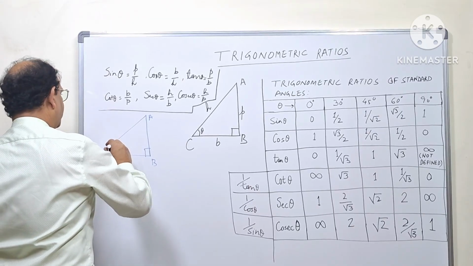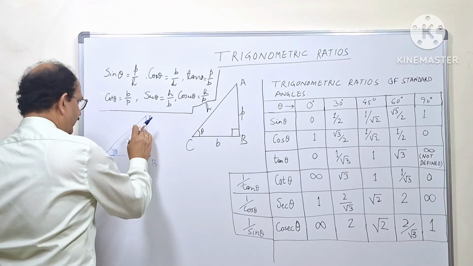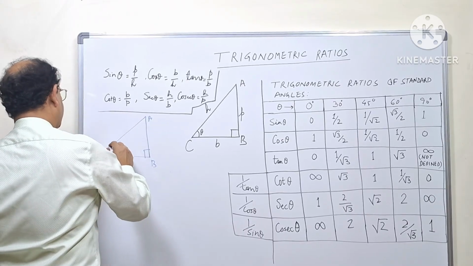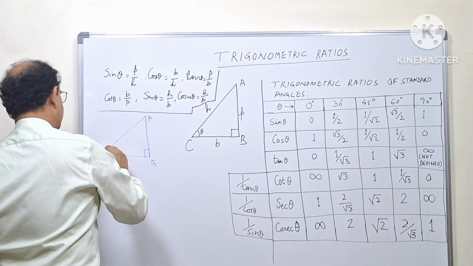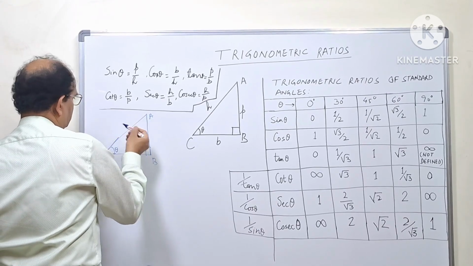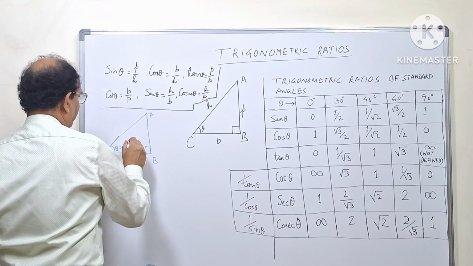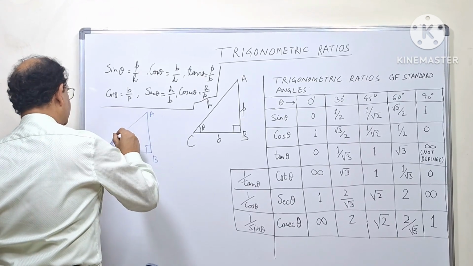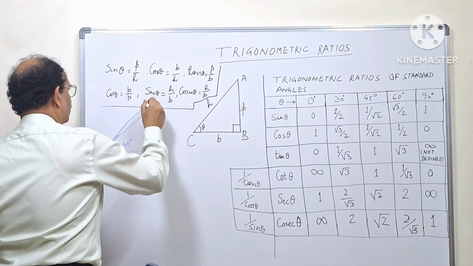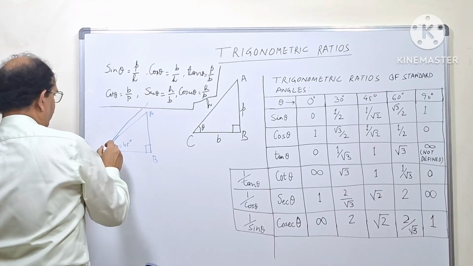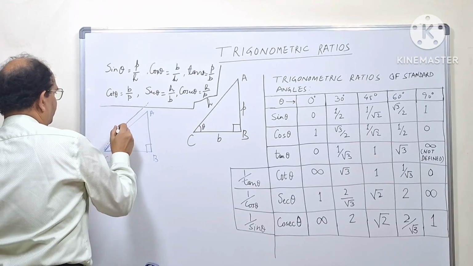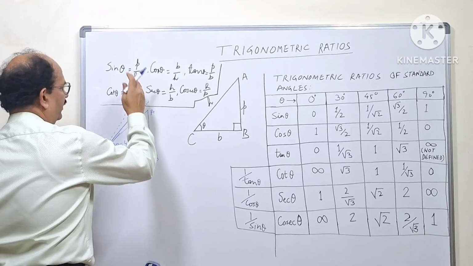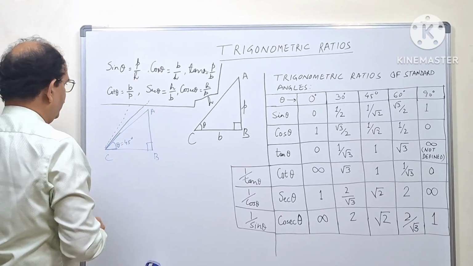If we keep increasing theta, in case of 0 we were trying to decrease. Suppose, let's take the example that this is 45 degree. If I increase this angle, this will increase. Likewise, if I increase it further, it will further increase, right?